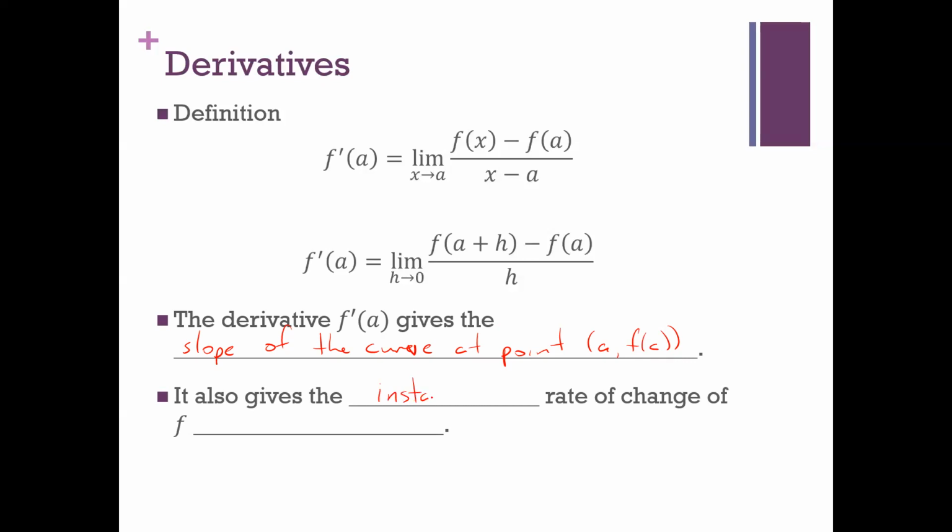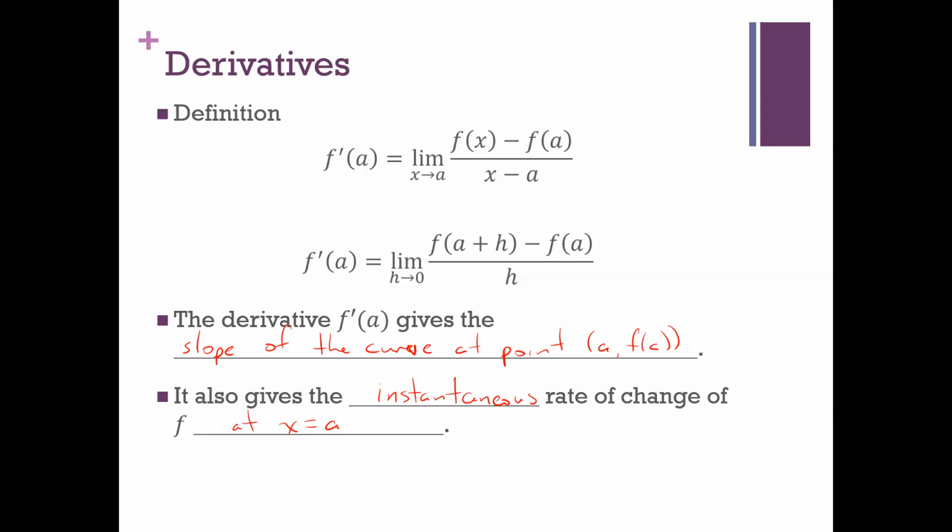It also gives the instantaneous rate of change of f at x equals a. And while you're writing and taking this in, I'll explain why the word instantaneous is important.